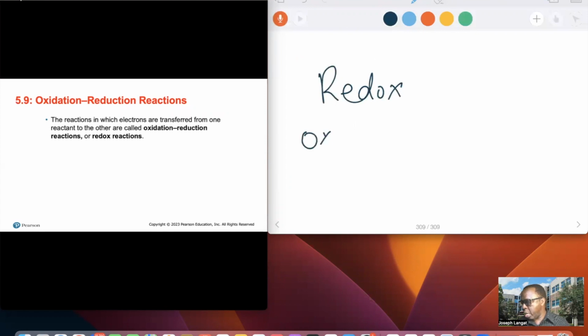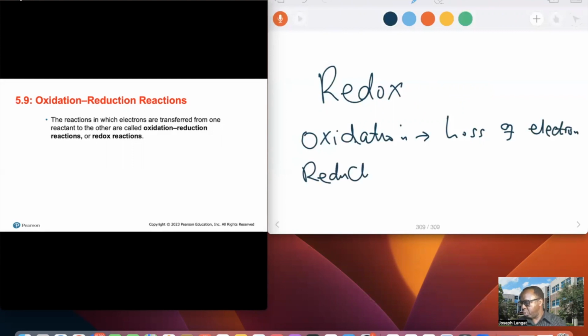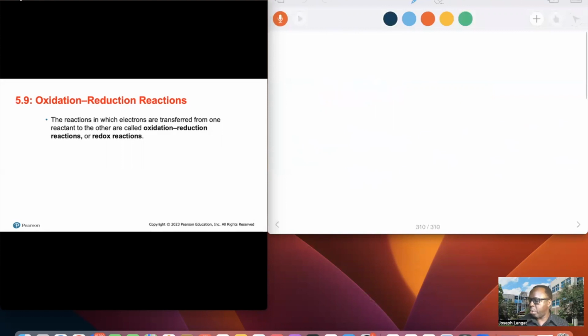There is oxidation, which is loss of electrons, whereas reduction is gain of electrons.